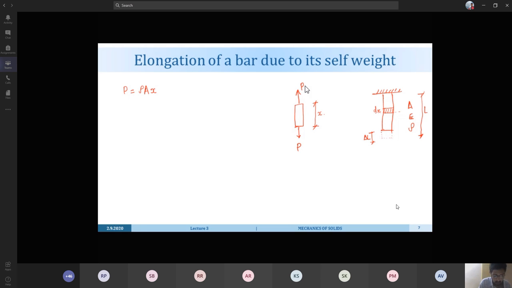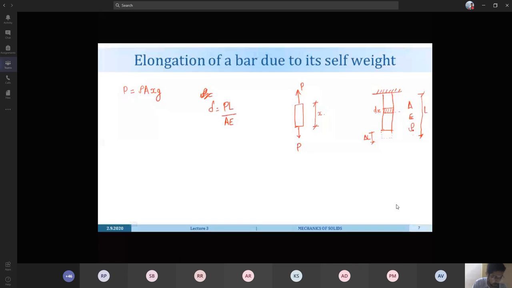And we know from the last class, from Hooke's law, that for this bar the delta will be PL by AE. The load should be rho A X g, where g is gravity. Okay, you can include gravity also. I thought you meant the specific gravity. Okay, yeah, that's also fine.